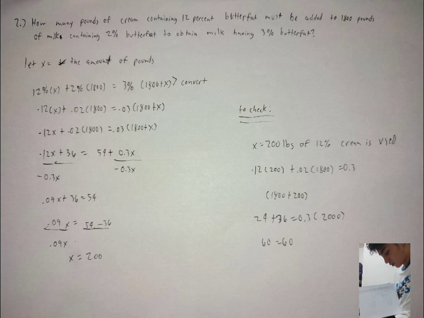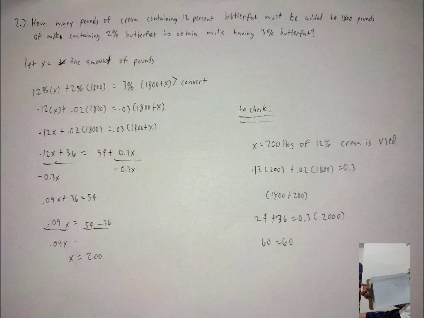So 0.12 multiplied by X plus 0.02 multiplied by 1,800 is equal to 0.03 multiplied by 1,800 plus X. So 0.12X plus 36 is equal to 54 plus 0.03X. Moving terms, 0.09X plus 36 equals 54.